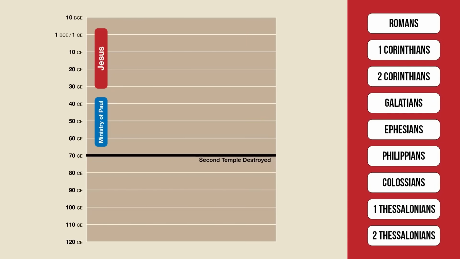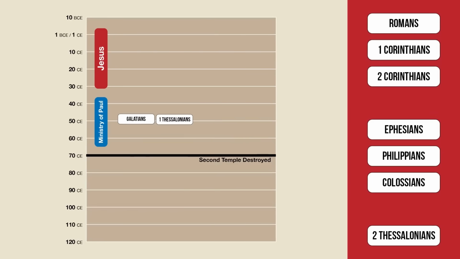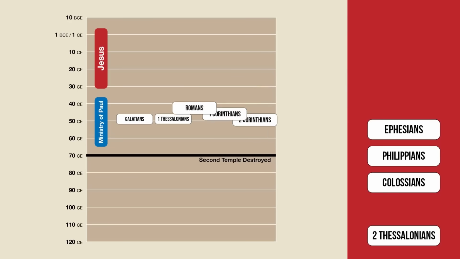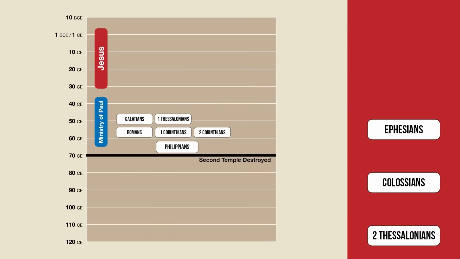Generally, Galatians and 1st Thessalonians are thought to have been the earliest letters, both dating to around the year 50, with Romans and the 2 Corinthians being written sometime during the late 50s, and Philippians coming last, usually being placed in the early 60s.